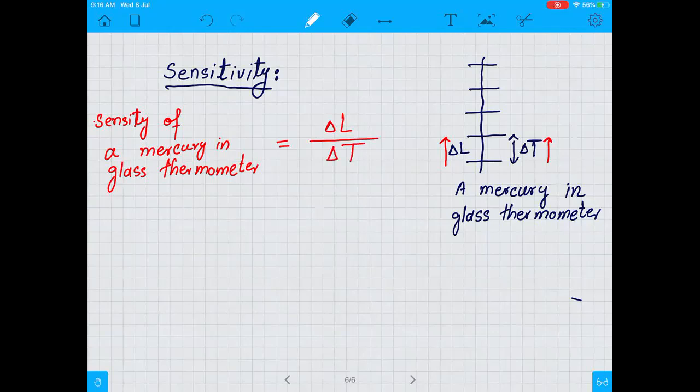So centimeters per degree Celsius represents the sensitivity. If you have more centimeters per degree Celsius, then it's a sensitive thermometer. But this is only for a mercury in glass thermometer.